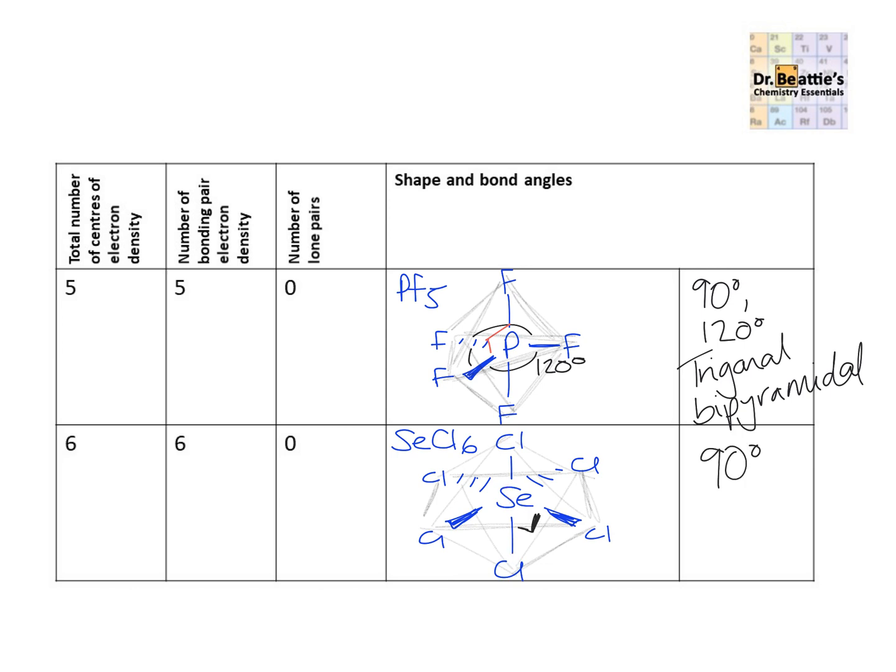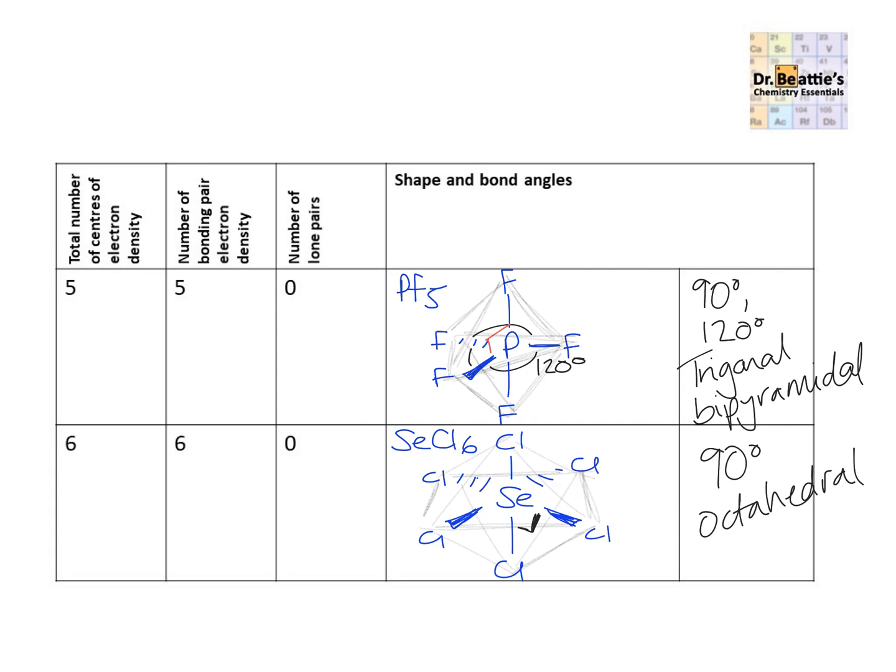And that's true for all bonds. Now, the shape of this molecule is known as octahedral. And whilst there are 6 atoms around the central atom, oct comes from the fact that there are 8 faces. So if you see each of these triangles that form from this octahedron, we have 8 faces.